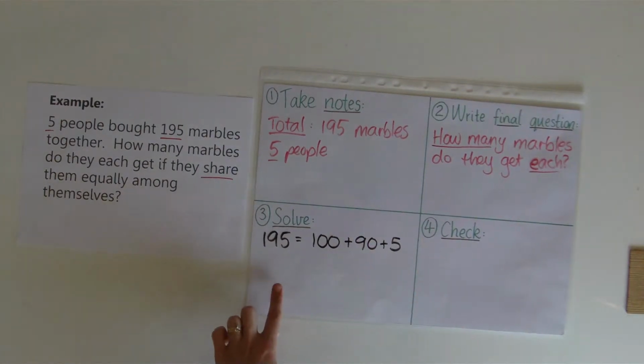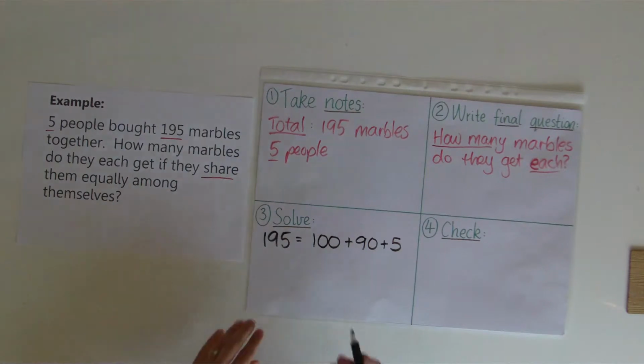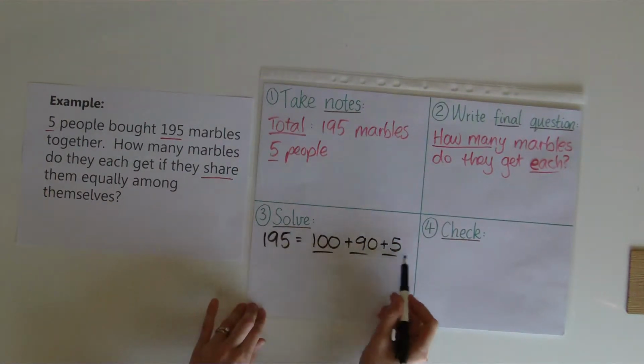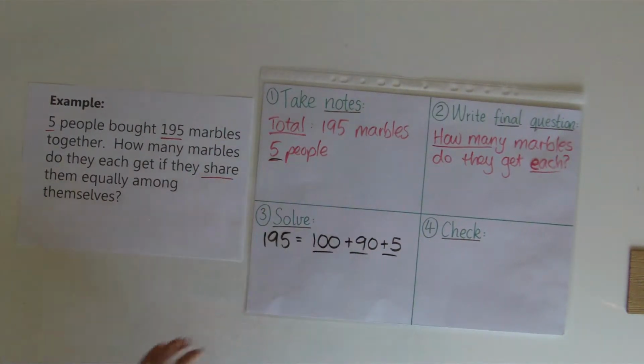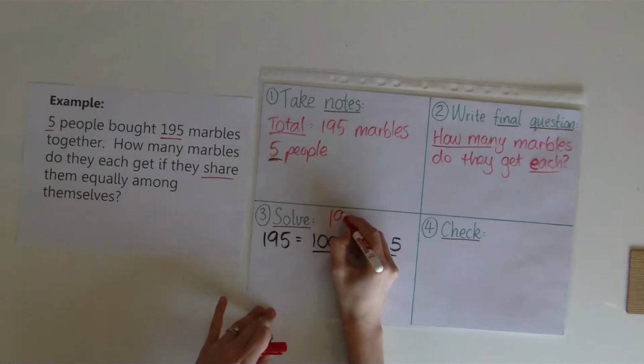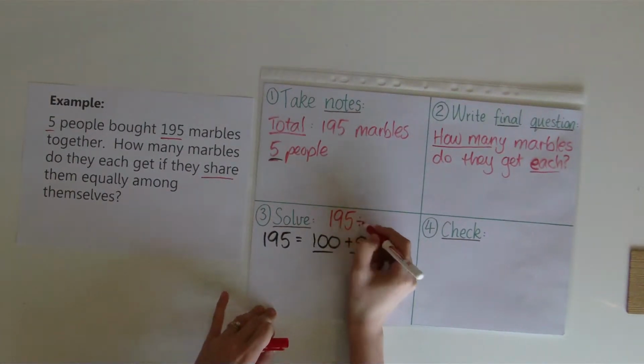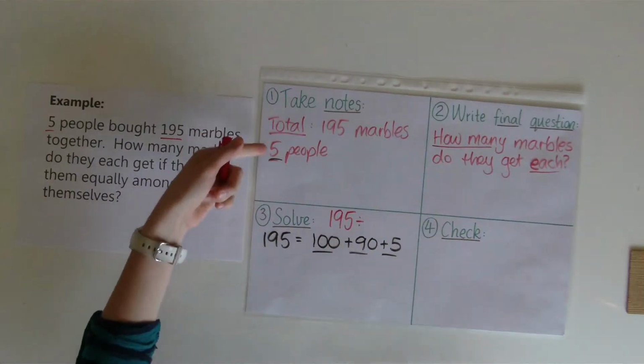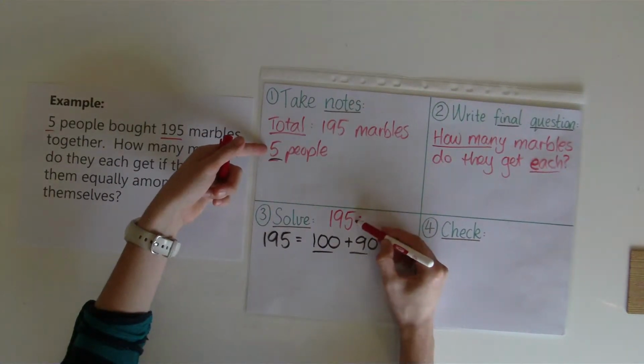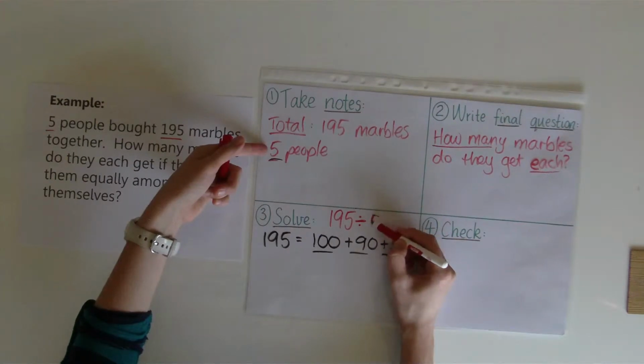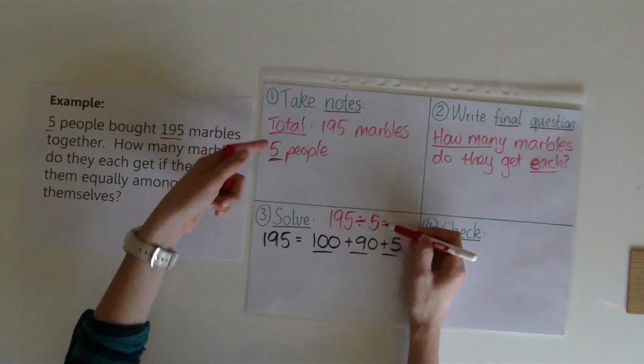And once we've broken this number up into these smaller parts, we can then try and divide these smaller parts by 5, because that's the question. I'll just write it here. That's what we're trying to work out, 195, because that's how many marbles there are in total, divided by 5, share it equally among 5 people, and we want to know how many do they get each.